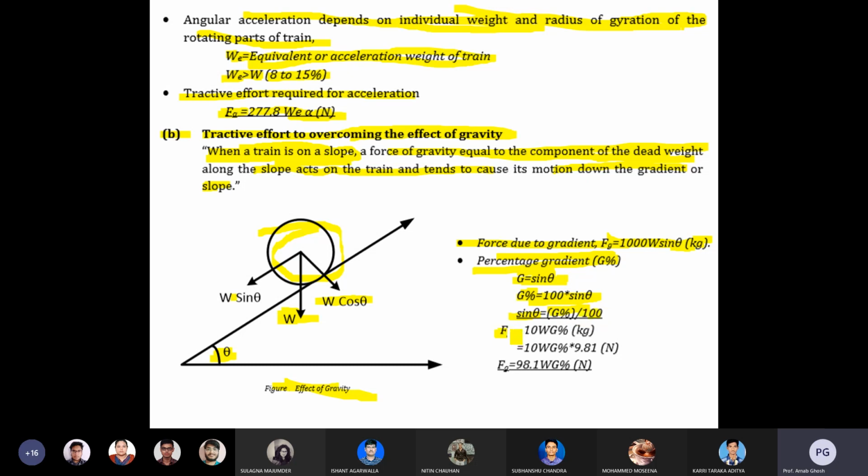If G equals 10, then 10 W G percent. Now we multiply, so finally we get Fg equal to 98.1 W G percent in Newton. I think you are able to understand. Simple thing, nothing complicated.